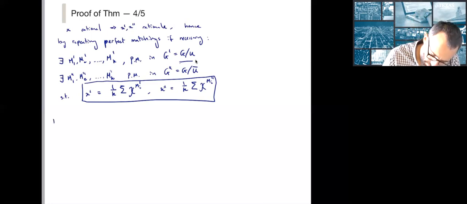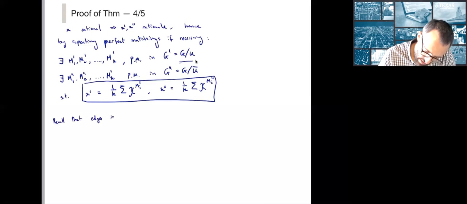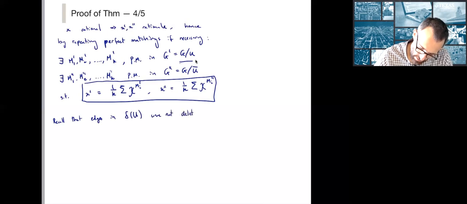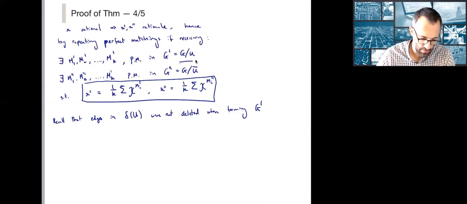So now recall that we did not delete edges in the contraction. Recall that edges that were going into U from outside, so edges in this set, were not deleted when forming G dash, and similarly when forming G double dash.